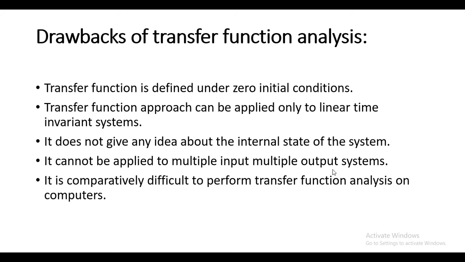Till now we have seen transfer function analysis for single input and single output systems, where there is only one input, R(s), and the output is C(s). But there are a number of systems which have multiple inputs and multiple outputs. Under that condition, transfer function analysis cannot be used.